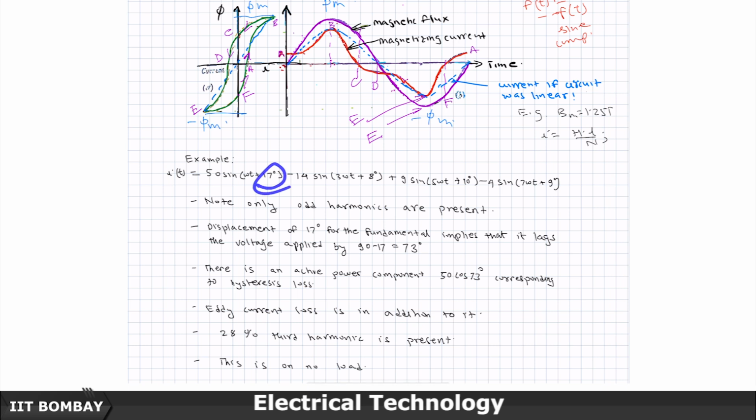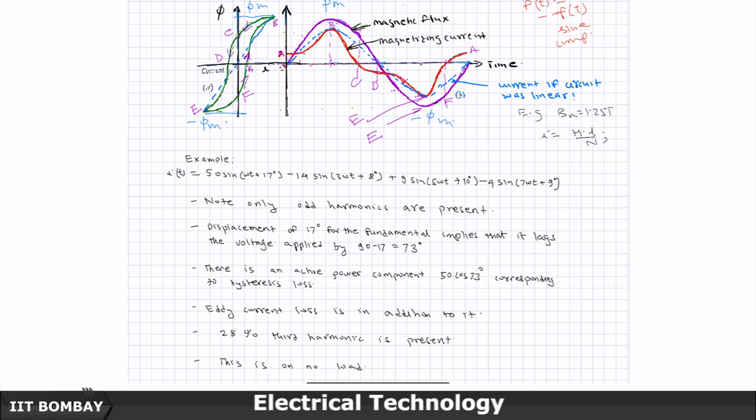So, that is created from this part. The i of t is something like sin omega t plus 90 degrees, because V is equal to j omega L I. Ideally it is at 90 degrees, but because of the lossiness the fundamental has got a 17 degree offset, and so a displacement of 17 degrees for the fundamental implies that it lags the voltage by 90 minus 17, in this case 73 degrees.